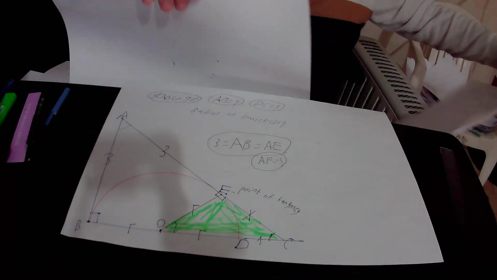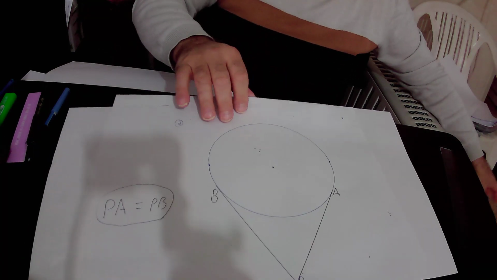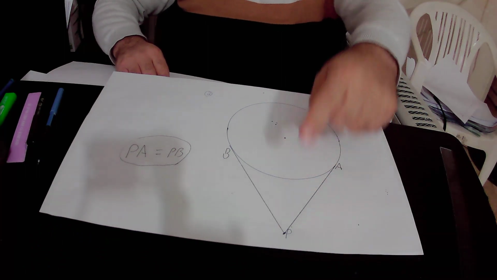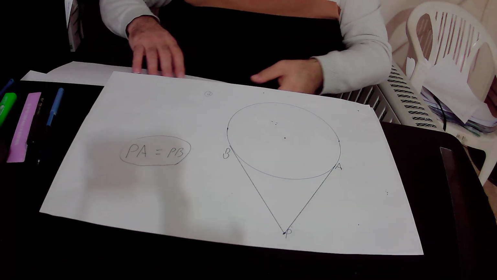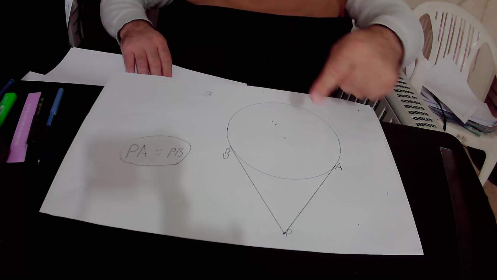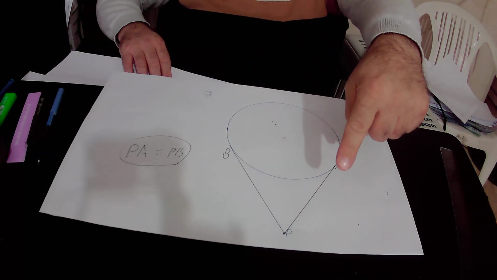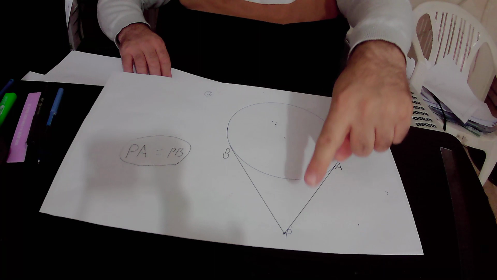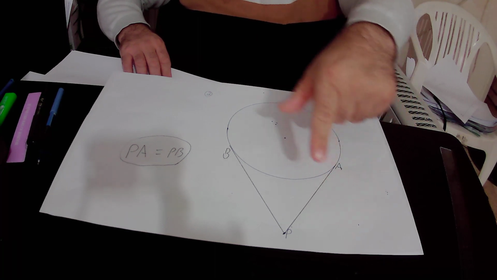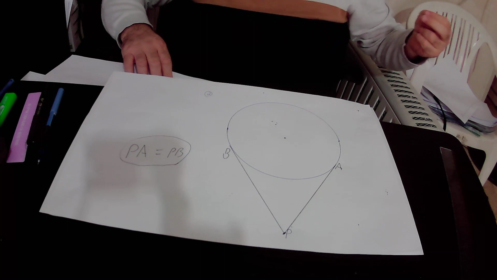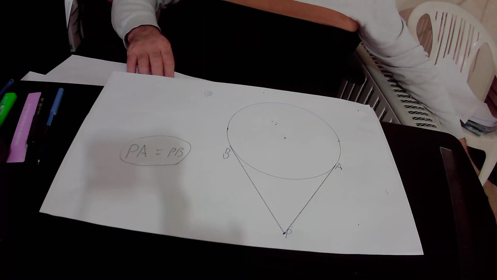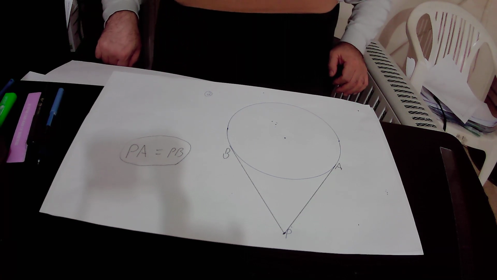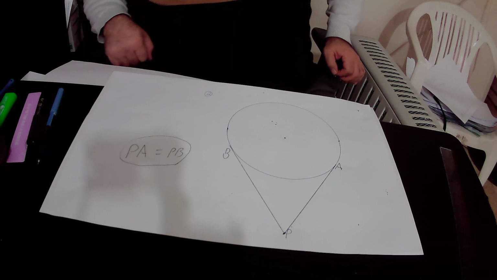The meaning is that if we have this blue circle and the external point P, and we draw from P two tangents to this blue circle, the first tangent PA and the second tangent PB, then the lengths of the two tangents are equal.